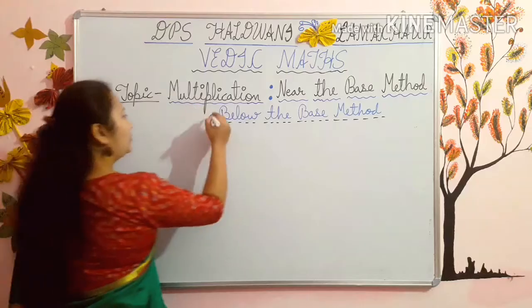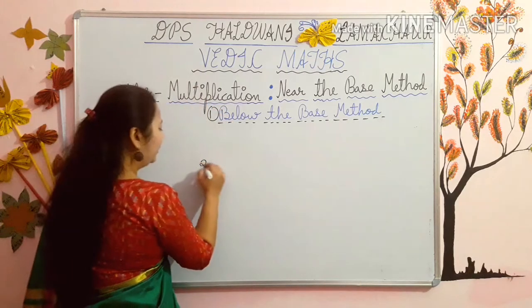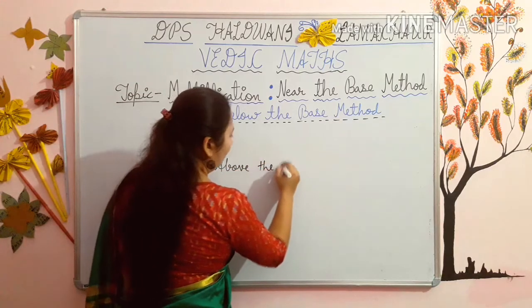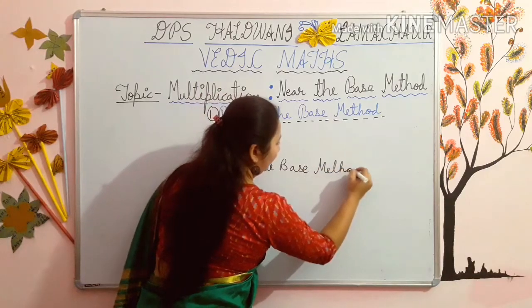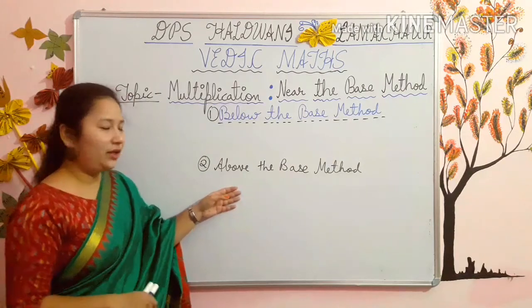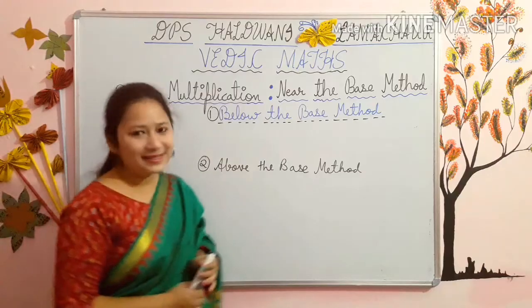The first, which we will discuss today, is below the base method. The second is above the base method. This we will discuss in our next video. Today we will discuss below the base method. So students, let's start.